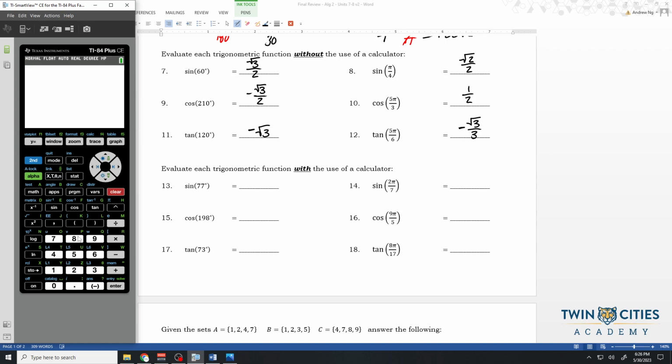So now I can just go ahead and do sine of 77. 0.974. Here we'll go to maybe 3 digits after the decimal point. We'll do cosine of 198.